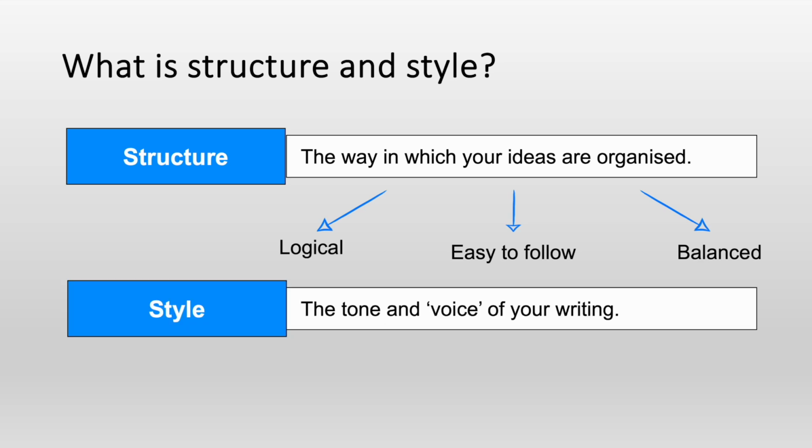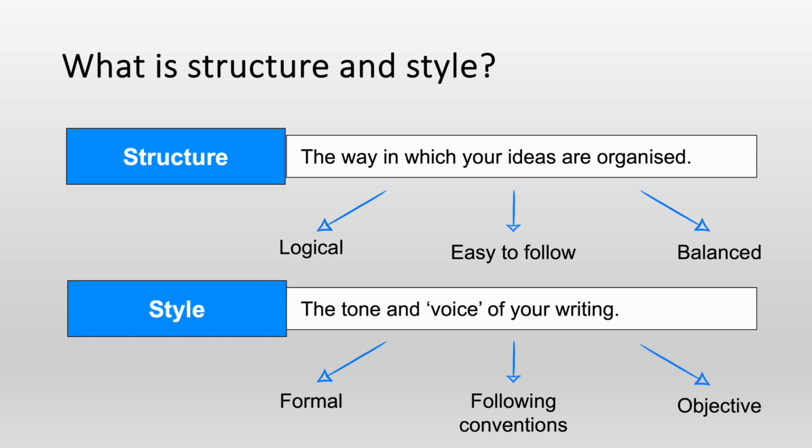Style is the tone and voice of your writing, and it needs to be formal, and it needs to follow general academic conventions in terms of your spelling, punctuation, grammar, and APA referencing. And finally, it needs to be objective. And that ties in with the idea of being balanced, looking at both sides of the argument, looking at people that support one another regarding an idea, and people who challenge that idea as well.